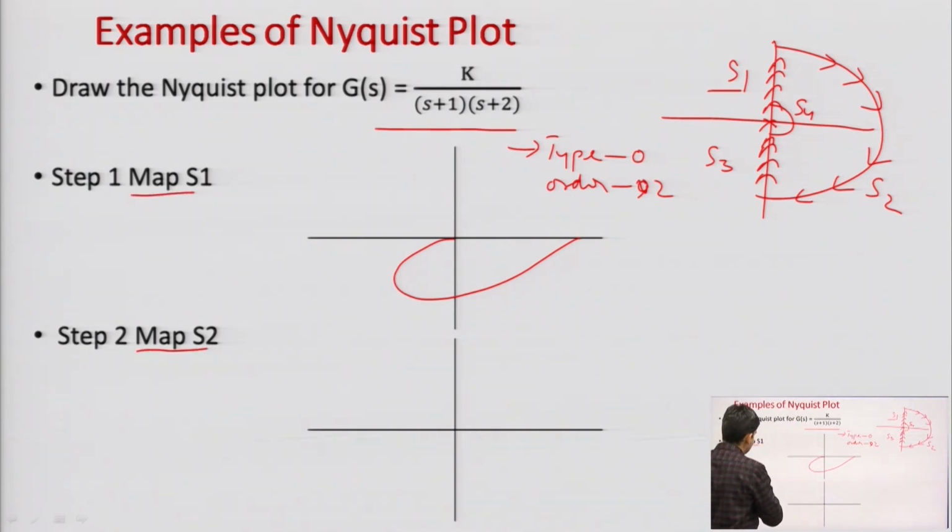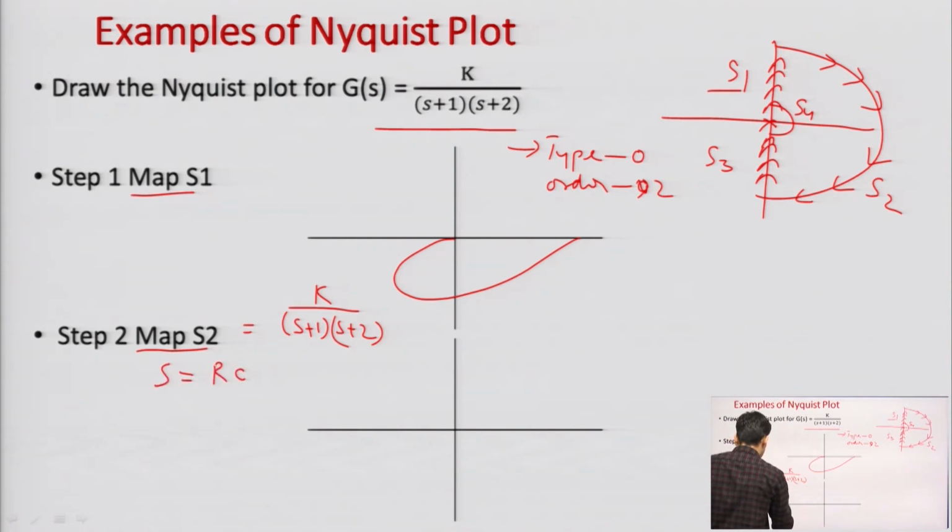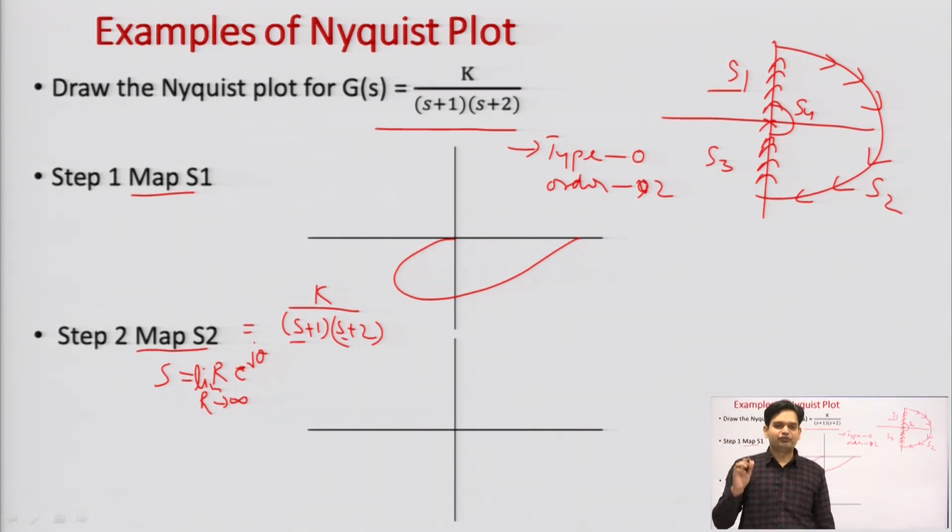Now, to map S2, what do I need to do? In the transfer function, I need to replace s by R exponential j theta. So, this is my transfer function, k over (s plus 1) (s plus 2). I replace s by R e^(j theta), where R is tending to infinity. It means s is a very big parameter because its value is going to infinity.